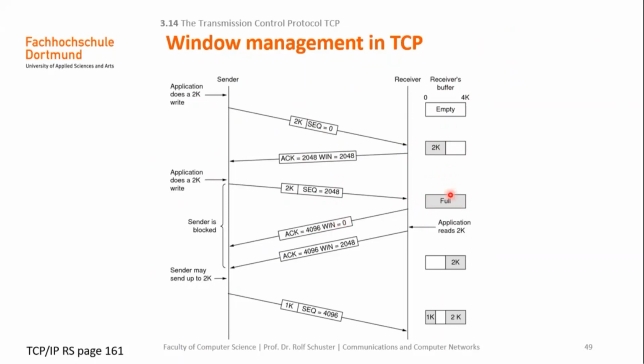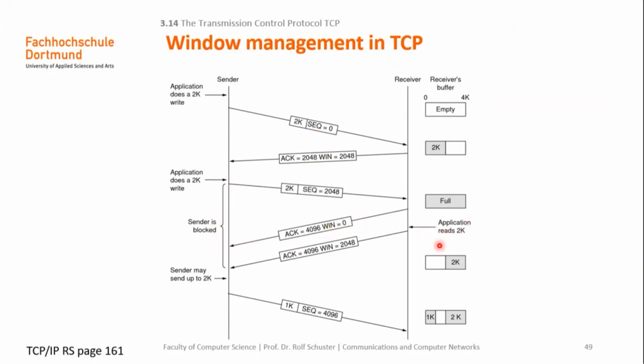That's why the receiver sends a segment indicating to the transmitter that the acknowledged number is 4K. That is confirming the previous 4K bytes already received, but with an advertised window of 0. In this way, the transmitter needs to stop the transmission. The transmitter can't continue to send additional data.